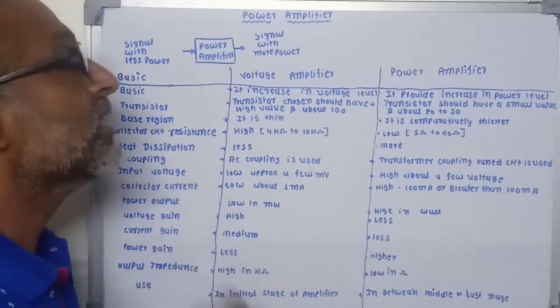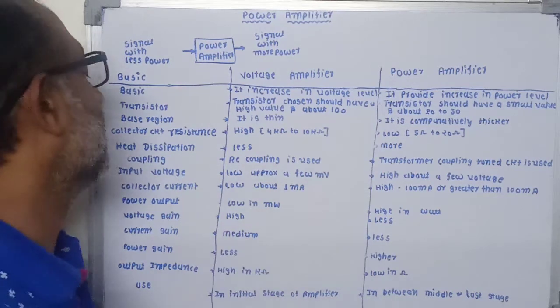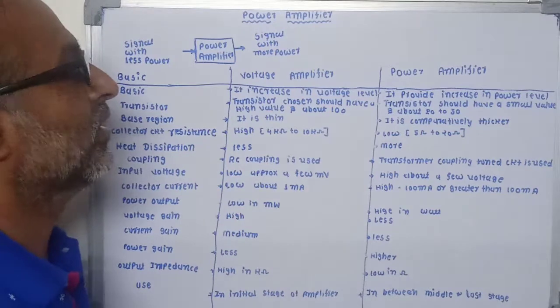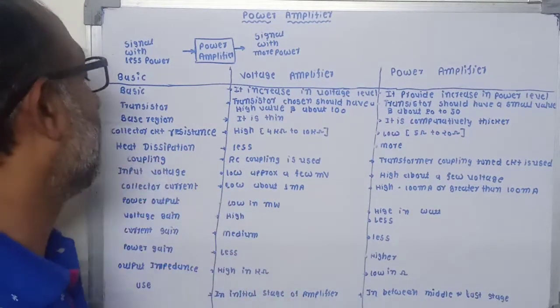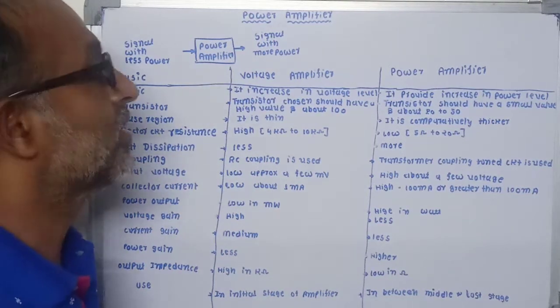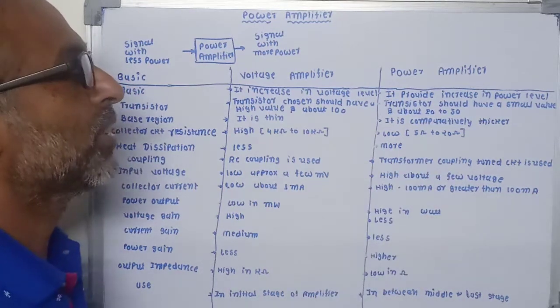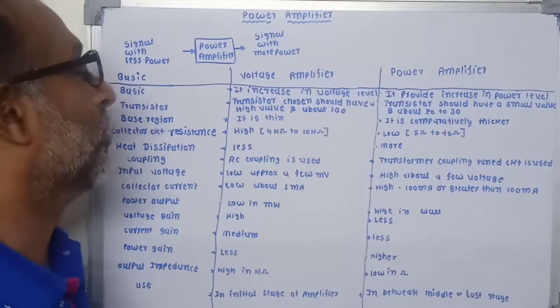Next, heat dissipation is also an important factor. In a voltage amplifier heat dissipation is less, while in a power amplifier it is more. Now, which type of coupling is used? In a voltage amplifier RC type coupling is used, while in a power amplifier transformer coupling or a tuned circuit is used for the coupling.